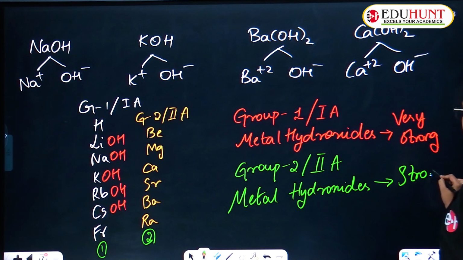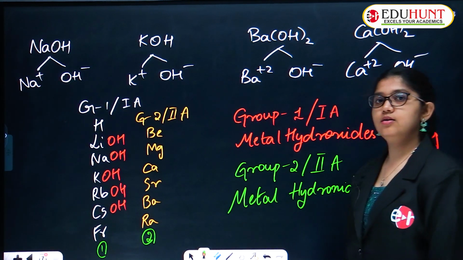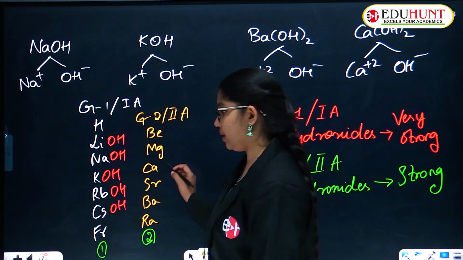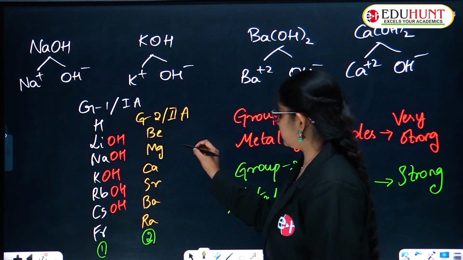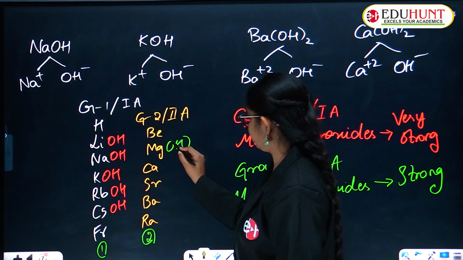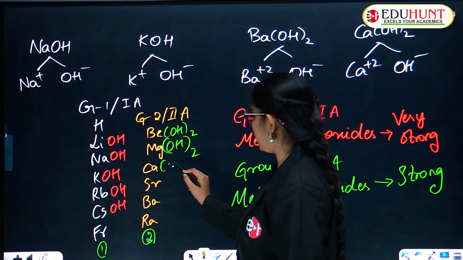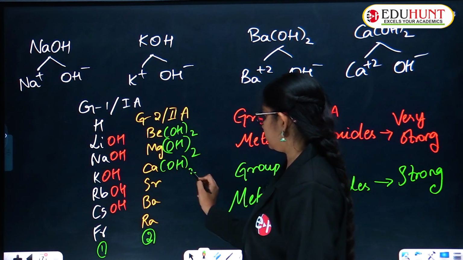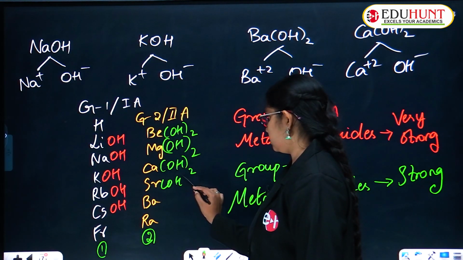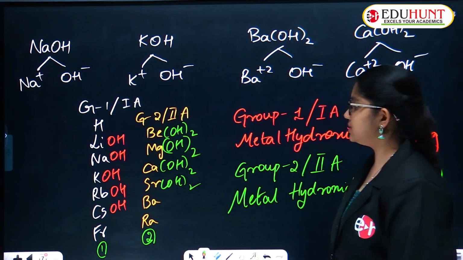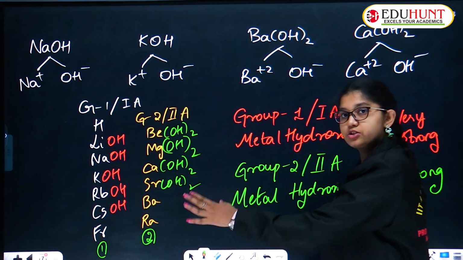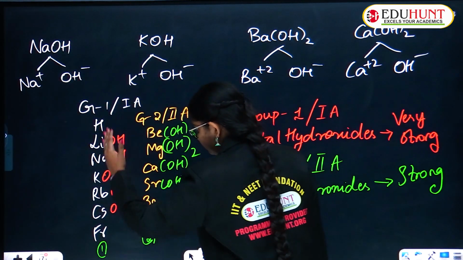That's it. Comparatively, who is strong, children? Group 1 metal hydroxides are very, very strong compared with group 2. We can write Mg(OH) twice, Be(OH) twice. Valency 2, no? This 2 comes with the OH, like this. So these are less strong compared with group 1.